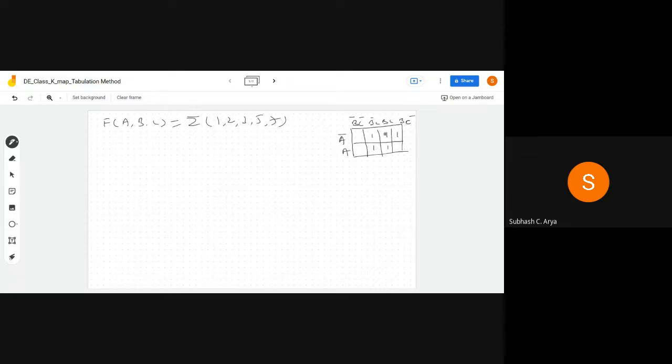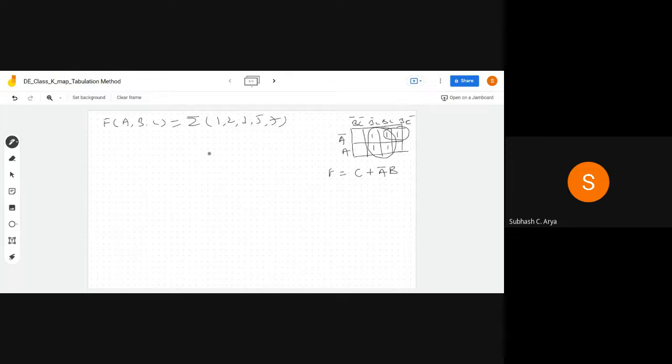As far as simplification is concerned, we can make a quad, and in order to include this last one, we can make a pair. So the solution becomes f is equal to, for this we can say this is C, and for this pair it is A bar. From the row we can take A bar common, and column wise these two columns, BC and BC bar, have B as common. C and C bar cancel. So the answer is C plus A bar B.